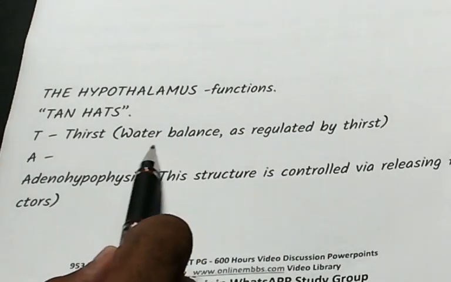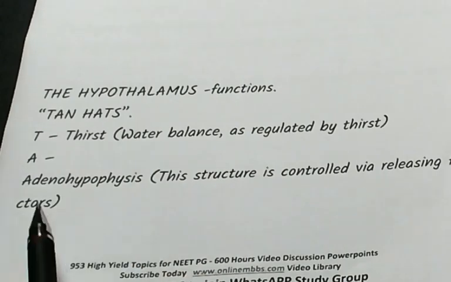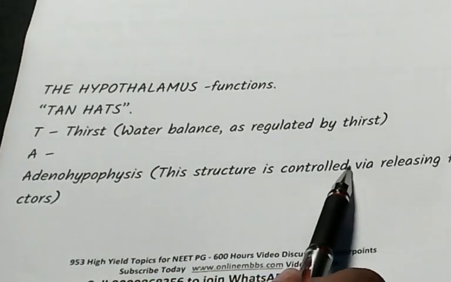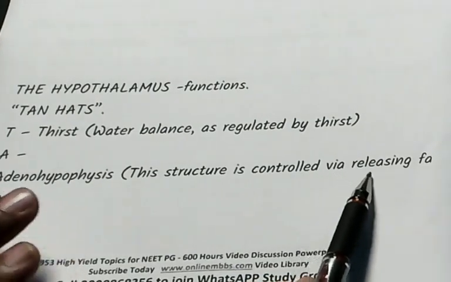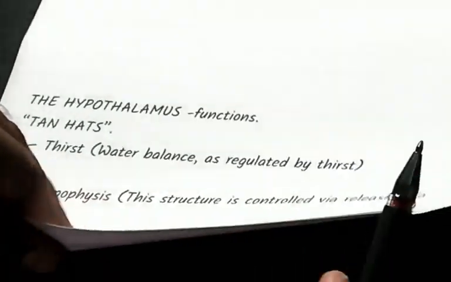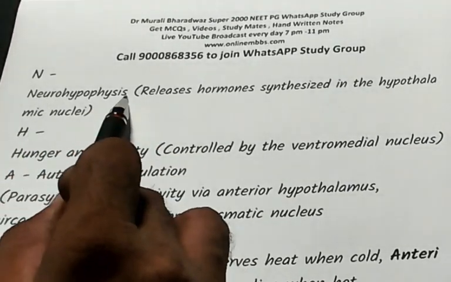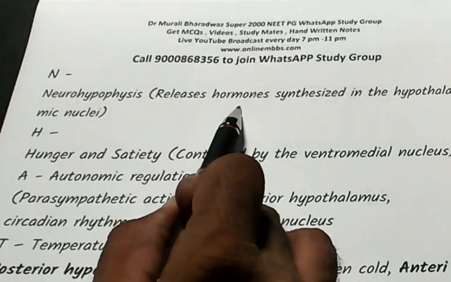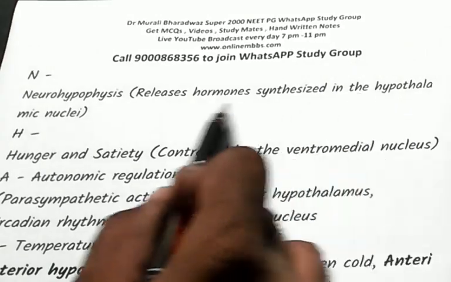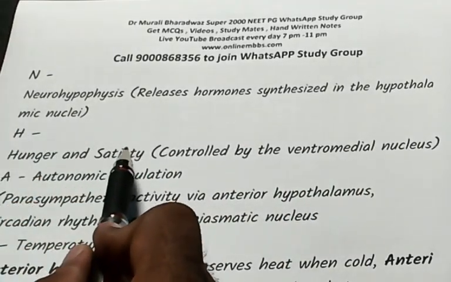A, adenohypophysis, and this structure helps it to control by releasing a lot of factors. Then neurohypophysis, in the pituitary, it releases the hormones synthesized in the hypothalamic nuclei.